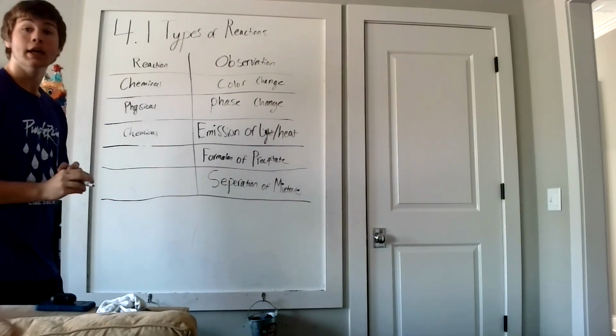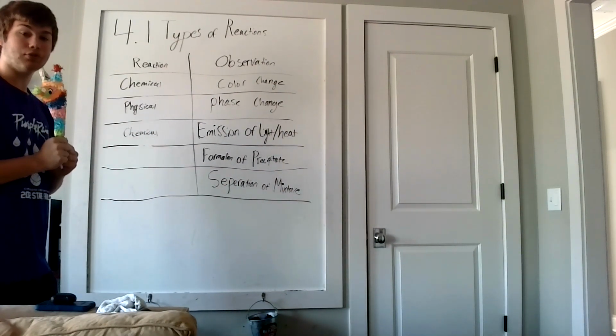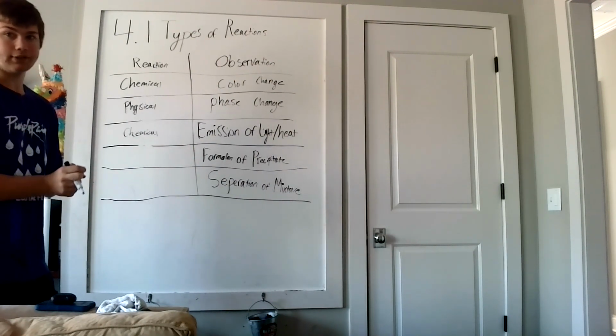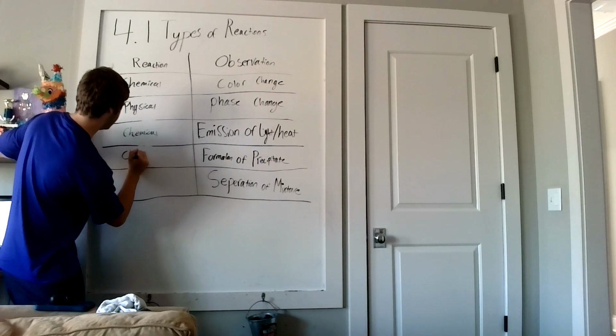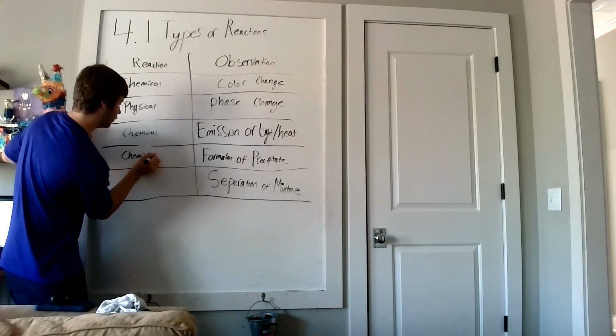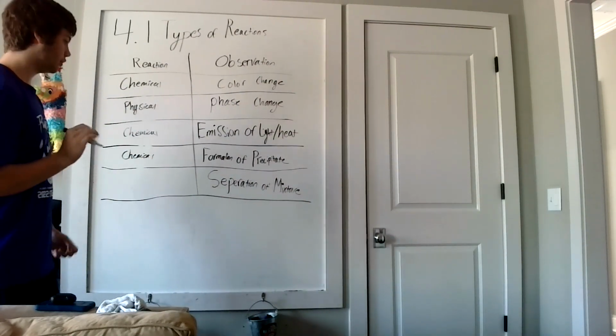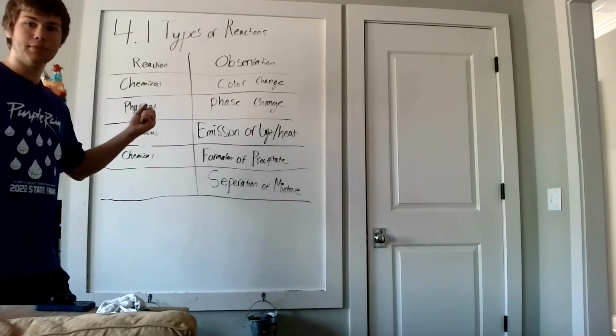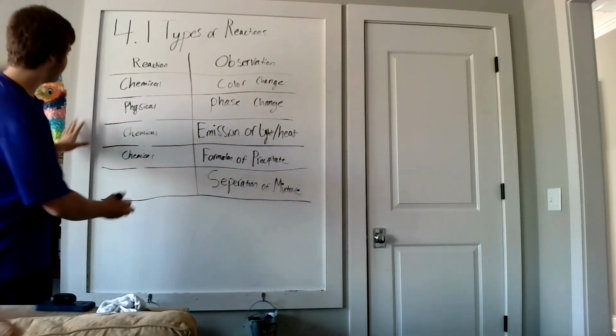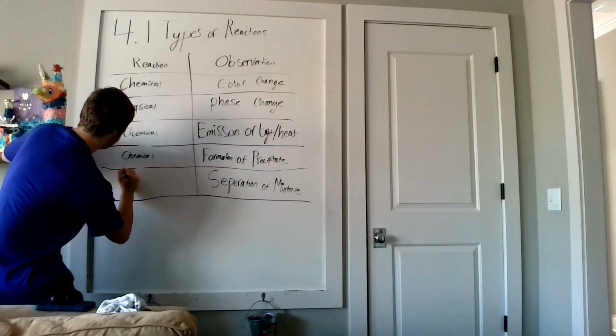Formation of precipitate. In order for that precipitate to form, a new compound has to be made. So this is a chemical reaction. Separation of mixture. You're not changing anything, you're just separating them. It looks physically different. So this is a physical change.